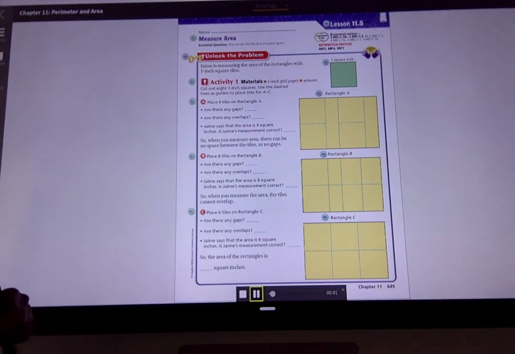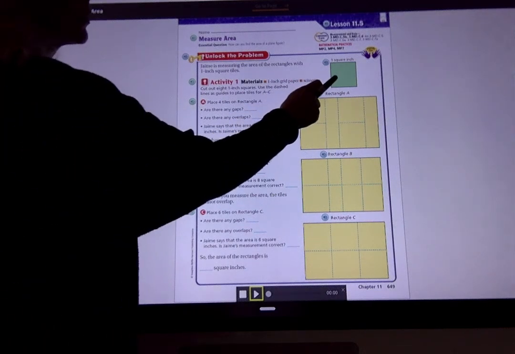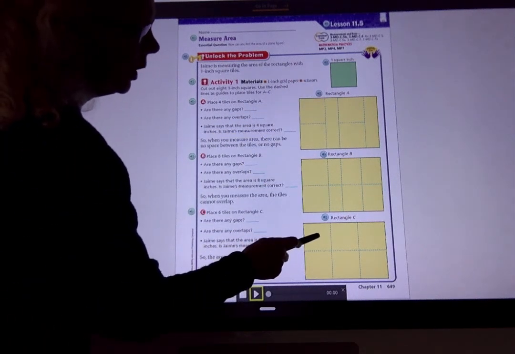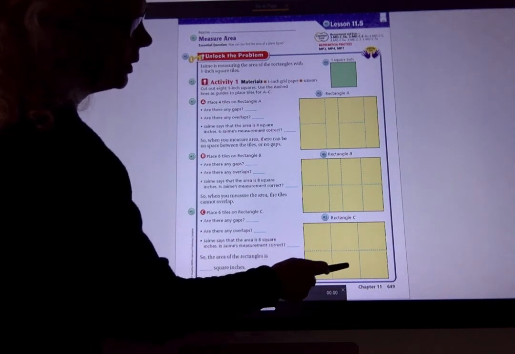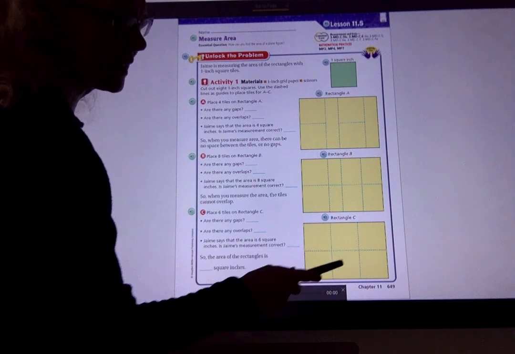C. Place 6 tiles on rectangle C. Are there any gaps? Are there any overlaps? Jaime says the area is 6 square inches. Is Jaime's measurement correct? The area of the rectangle is blank square inches. Here's the green tile, and it fits in 1, 2, 3, 4, 5, 6 times.